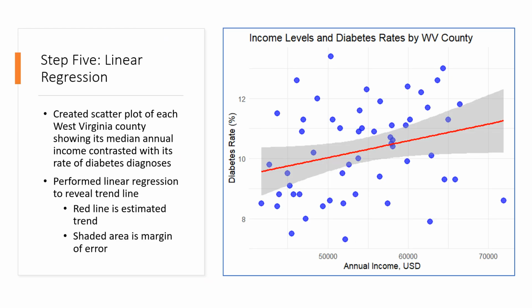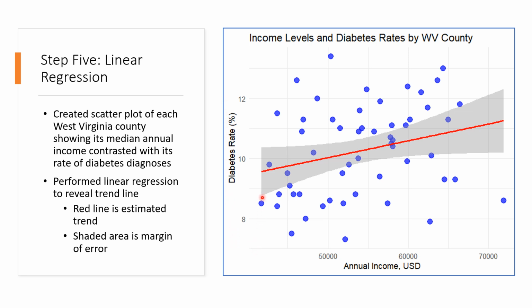My last step was to combine my income and my diabetes data to create a linear regression. What that means is that I compared them to see if there was any kind of correlation or trend between the two. Each county is plotted at the intersection of its median income here on the x-axis and its diabetes diagnosis rate on the y-axis.